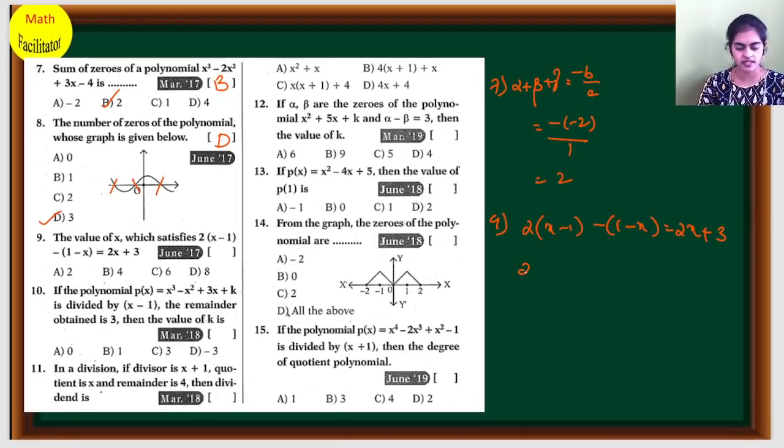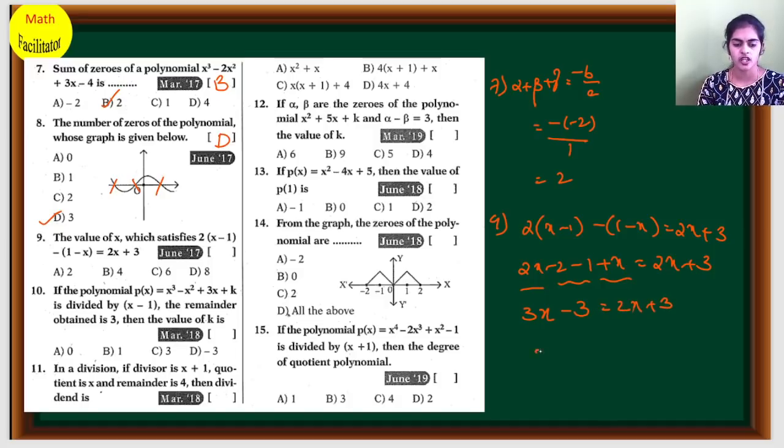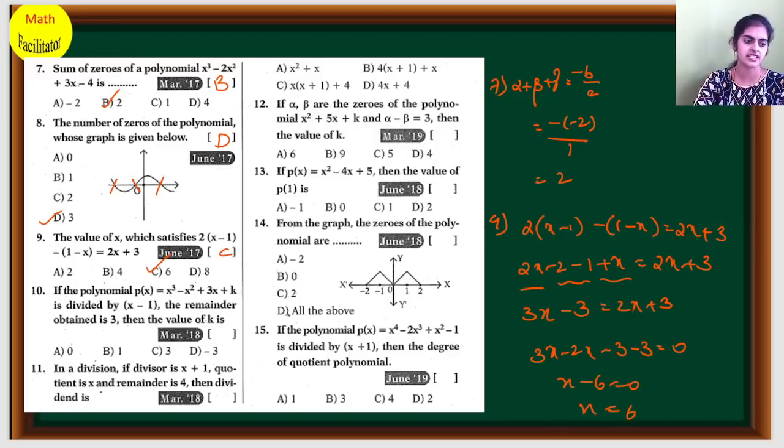So try to solve this: 2x minus 2 minus 1 plus x equal to 2x plus 3. 2x plus x is 3x, minus 3 equal to 2x plus 3. Or I can write this as 3x minus 2x minus 6 equal to 0. So x minus 6 is 0, or x equals 6. So your option C is correct.